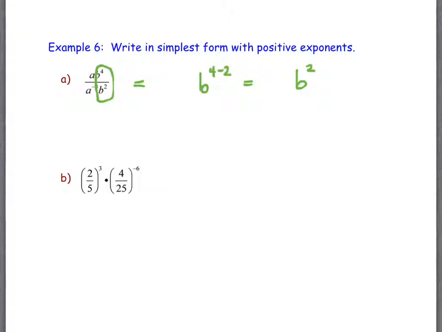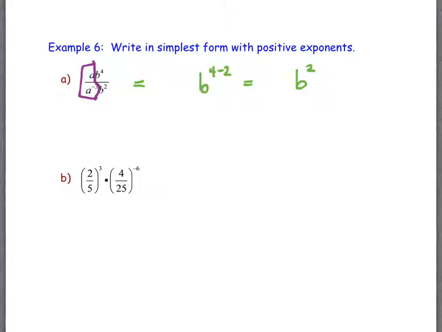That works very nicely. How about the a's? What am I going to do with those? You could. So what do you mean by flip? Well, I agree that the a to the 3rd could move up. I'm not so sure that a should move down.